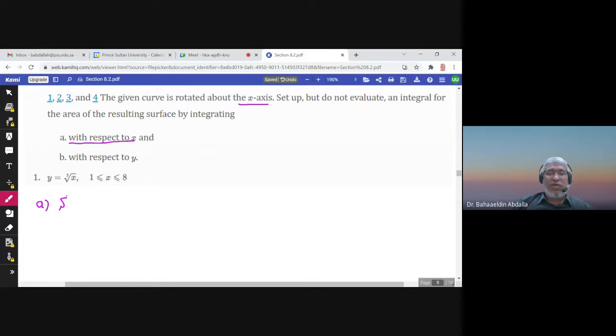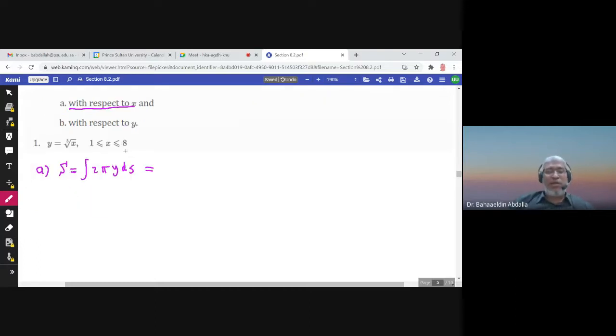So if the rotation is about the x-axis, then the surface area is given by 2 pi y ds. And in part A, he asked me that the integral would be with respect to x. So ds will be replaced in terms of dx. So I have 1 plus dy by dx to the power 2.